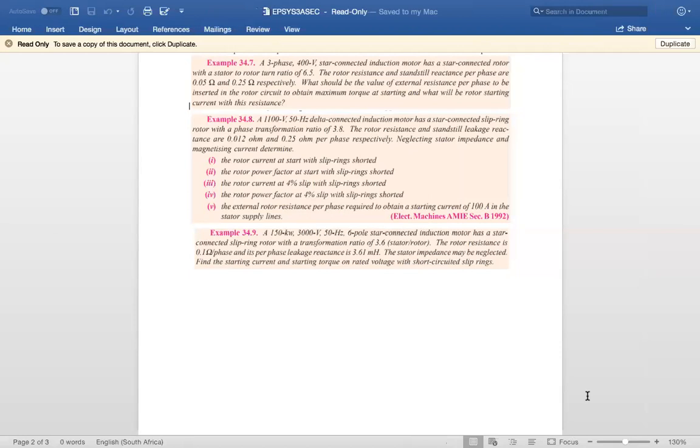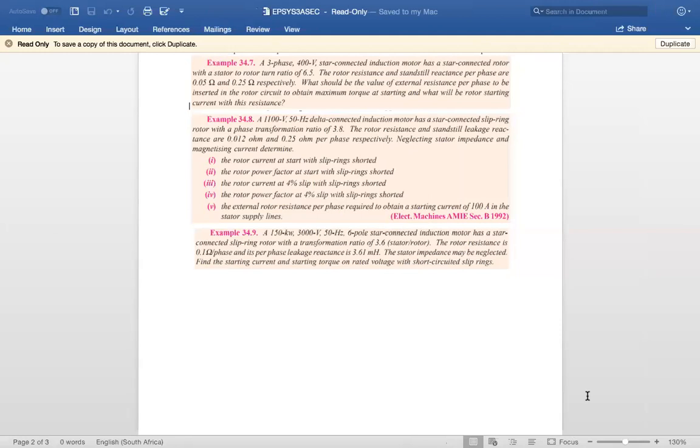Question number 8. A 1100 volt 50 hertz delta connected induction motor, star connected slip ring with a phase transformation of 3.8. The rotor resistance and standstill leakage reactance are 0.012 and 0.25 ohms per phase.